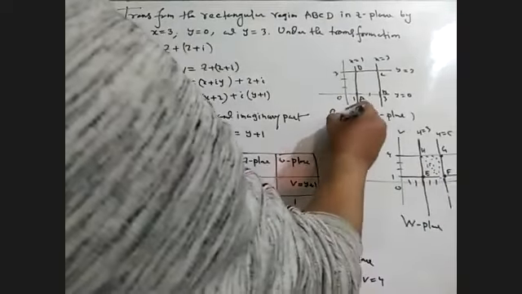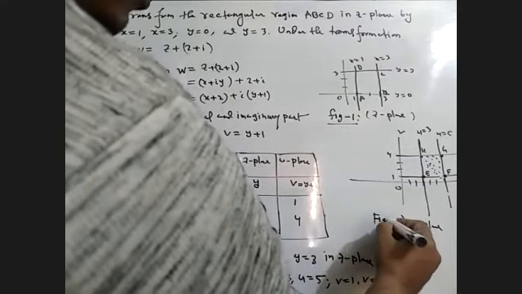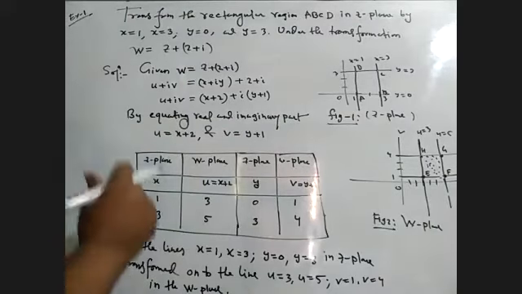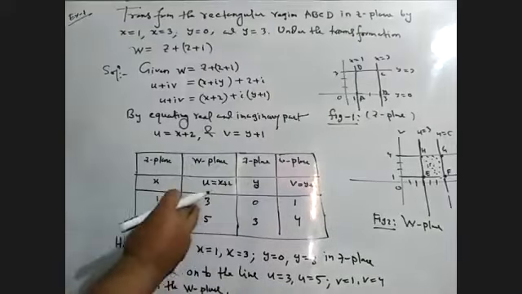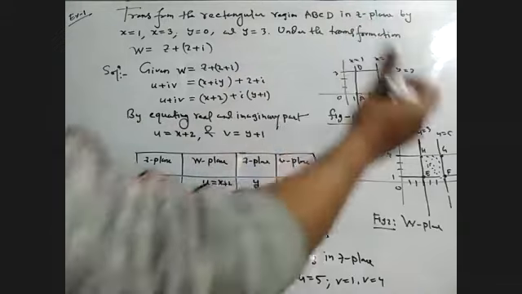This is figure 1 and this is figure 2, the W plane. Putting the values in the figure, we get the region ABCD for the input, that is the Z plane, and the region EFGH for the output in the W plane.